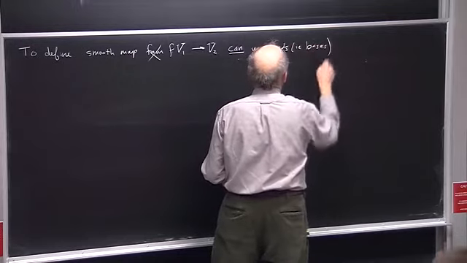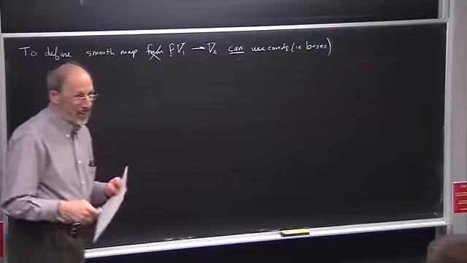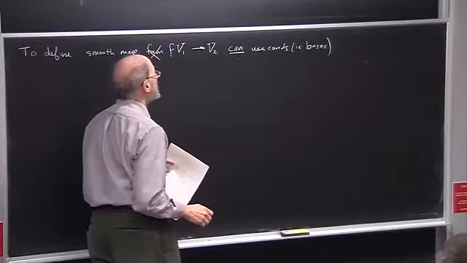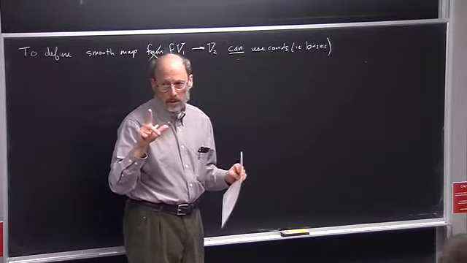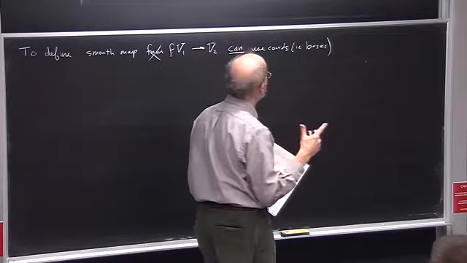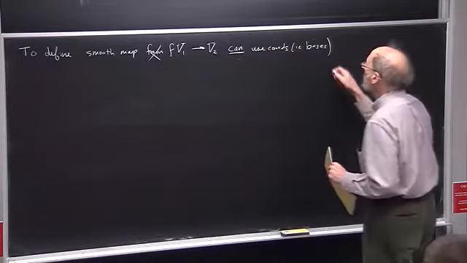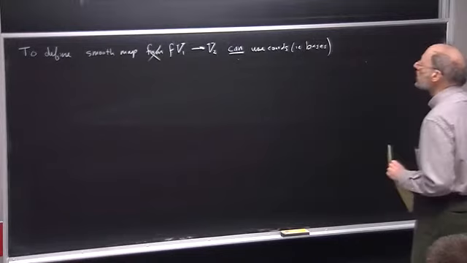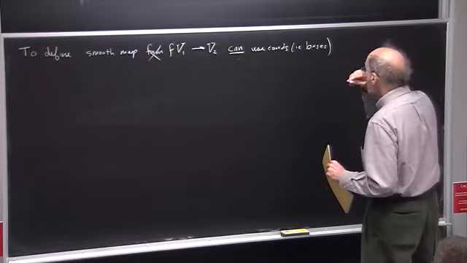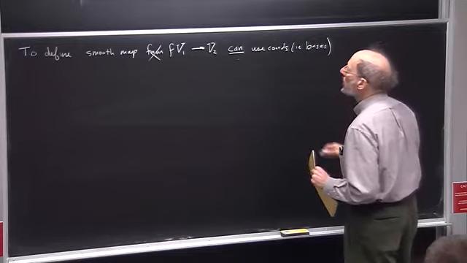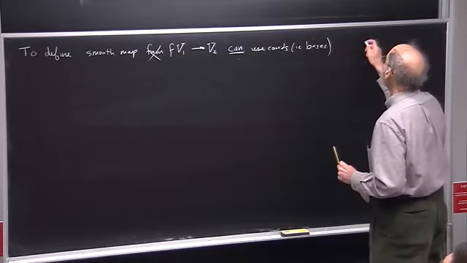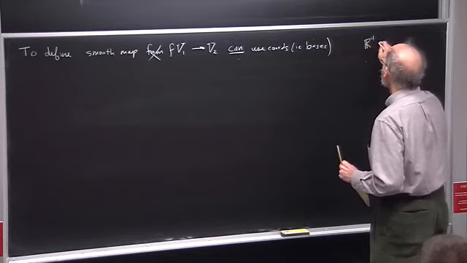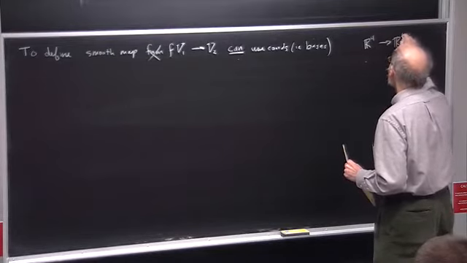The way to represent a vector in a vector space in terms of numbers is to introduce a basis for the vector space, and then you just take the components of that vector in that basis. Those are called its components, and they provide coordinates for the vector space. Then you're dealing with a map from numbers to numbers, or in the space-time case a map from R4 to R4.